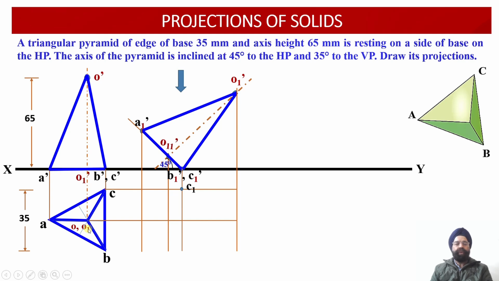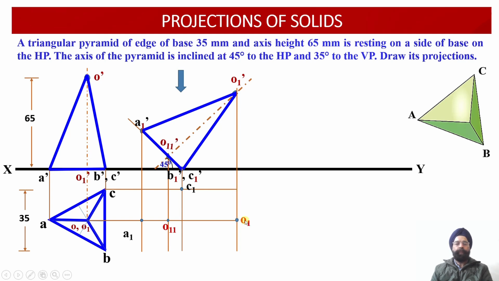Now let us find out the corresponding points of intersection with the vertical projector lines. So the horizontal projector through A intersects with the vertical projector through A1 dash at this position. So we obtain the point A1 over here. Similarly, the horizontal projector drawn through point O intersects at this position with the vertical projector drawn through the point O1 dash of the elevation.